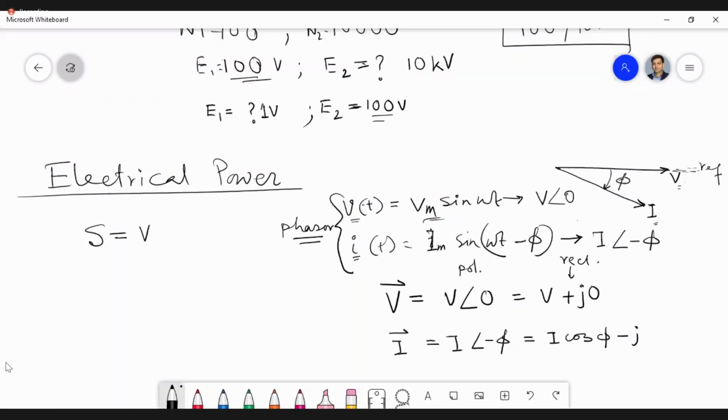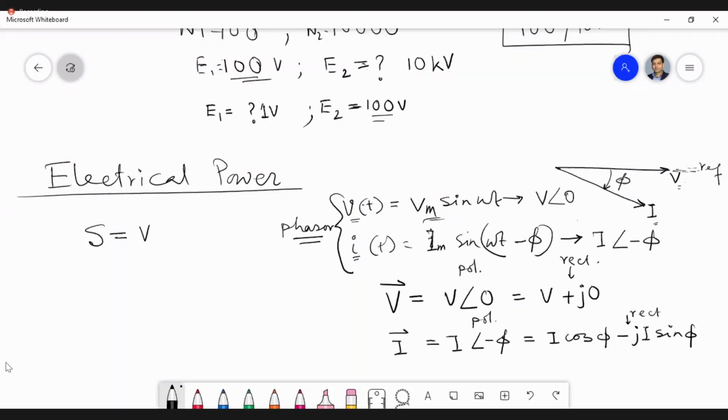J means the imaginary root over minus 1. So this is the rectangular representation, and this is the polar representation. This will all be discussed in the fundamentals of alternating quantities in the other part of the subject.